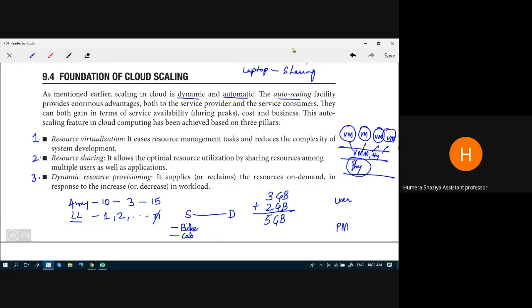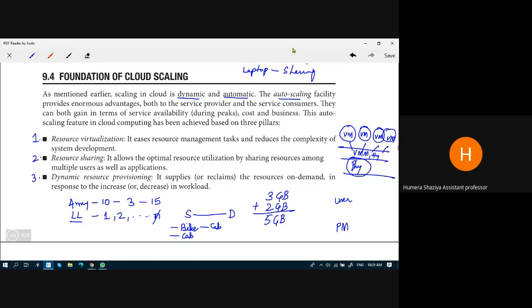And as per the demand, on whichever company you have booked, Uber or Ola or whatever, if it allows you dynamic resource provisioning, what you can do? You can say that I am scaling up my requirement from bike to cab. If dynamic resource provisioning is allowed.